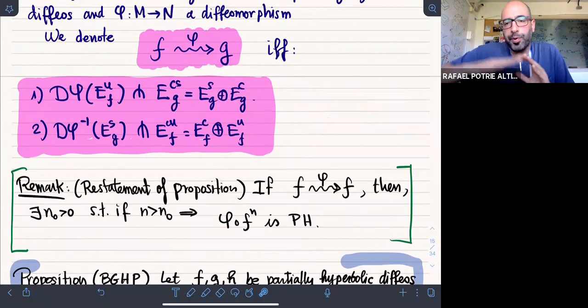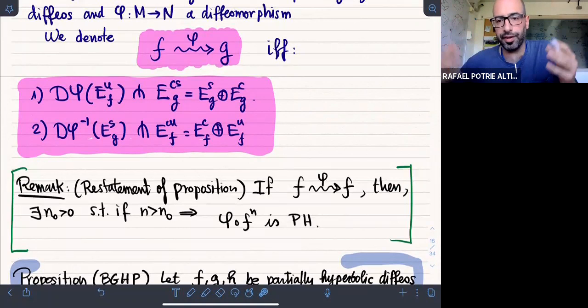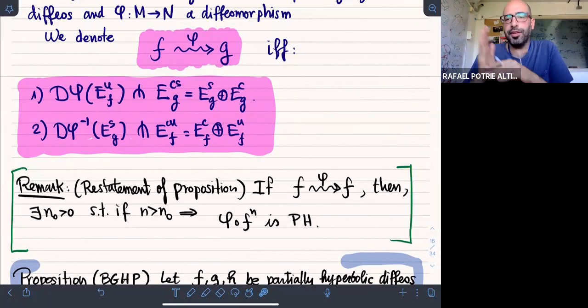If phi maps the center stable to the center stable, the unstable to unstable, then that's perfect. But if it's more or less like that, then it's okay.